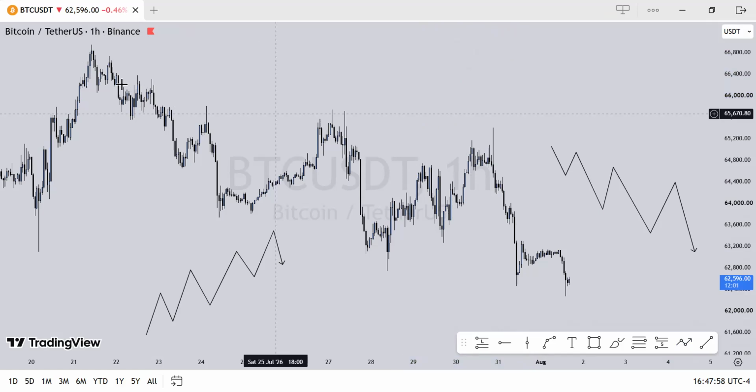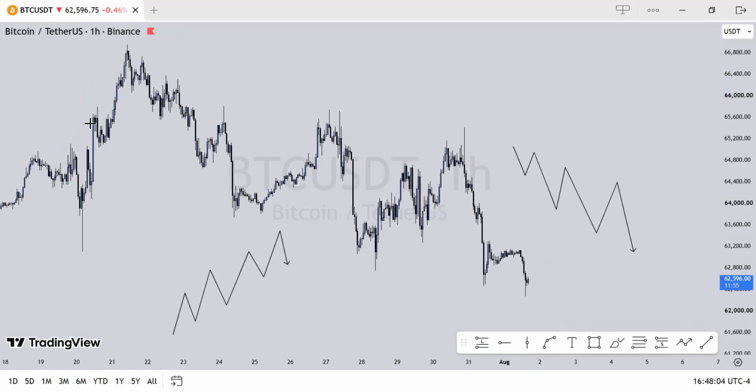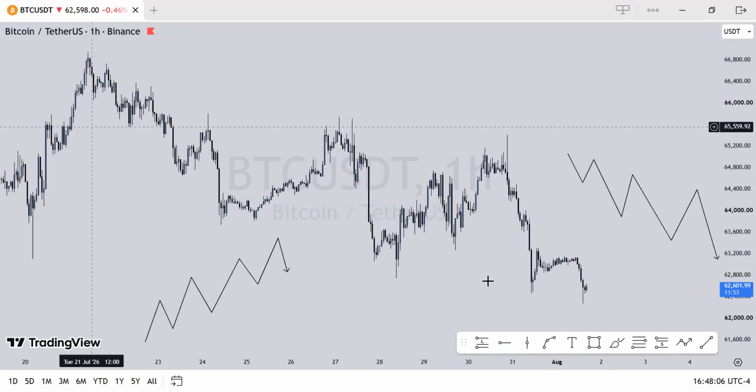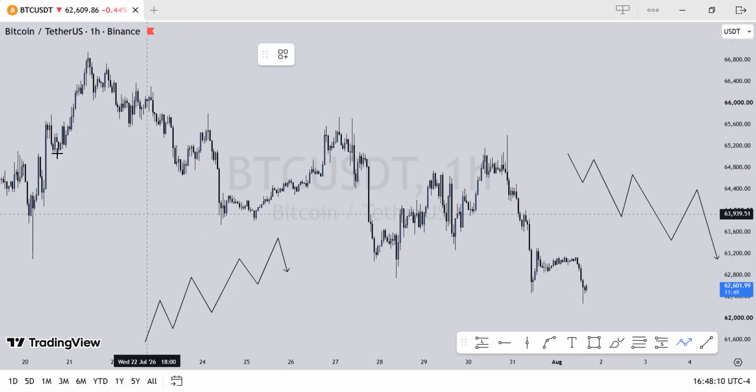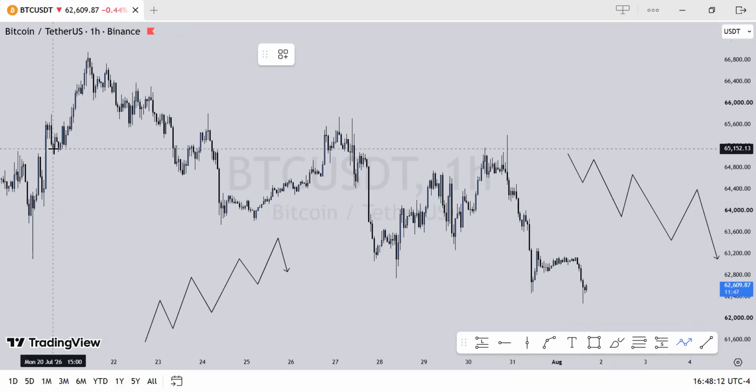Now, currently, as I told you, BTC is bearish, and how are we going to identify this price action here? Let's get that done. BTC came from this low, let's just start from this low, to this high.